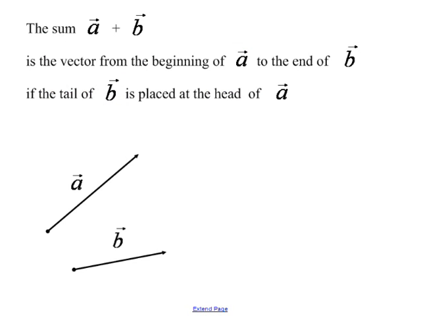All right, so let's talk about doing some operations with vectors. The first one we're going to look at is just adding our vectors together. When we add two vectors together, basically all we have to do is take one vector, A, and add it to vector B by moving the tail of one vector to the head of the other vector, and then drawing in the resulting line segment.